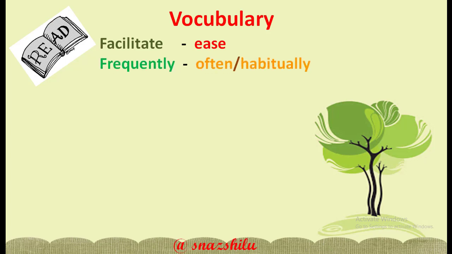Our second word is frequently. The meaning of this word is often or habitually. You can say regularly also. Our third word is popular. That means widespread or common, liked or admired by many people.